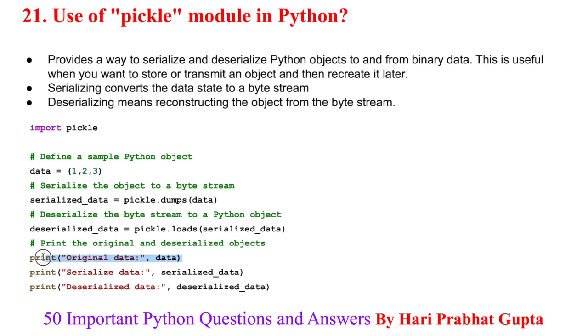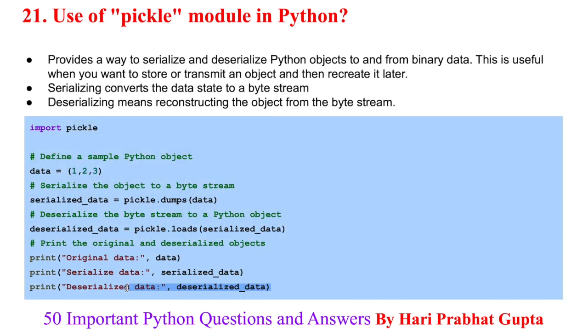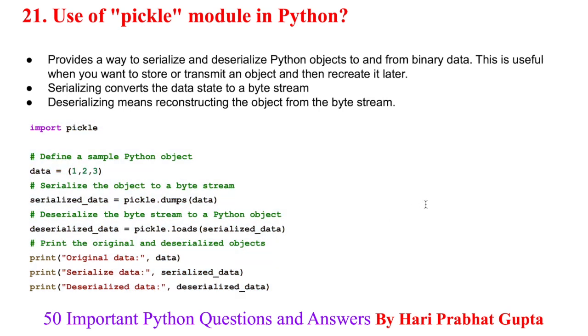And the print statements print the original data, the serialized byte stream, and the deserialized data.